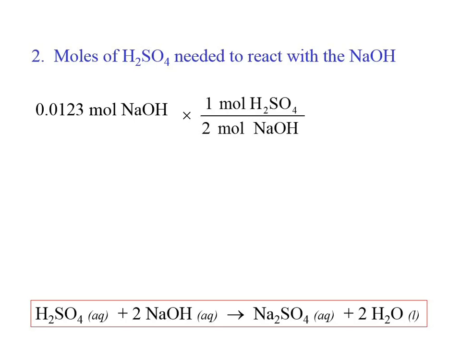So moles of NaOH cancel. We're left with moles of H₂SO4, which is what we wanted. There's no uncertainty brought by the 1 or the 2, so we still have 3 sig figs. So 0.00615 moles of H₂SO4.